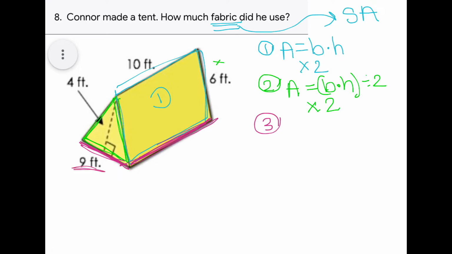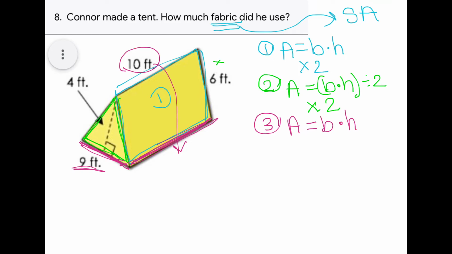We have this measure. This measure would tell us that, because those are parallel and they are the same measure. So that would be the bottom rectangle. So area would equal base times height.